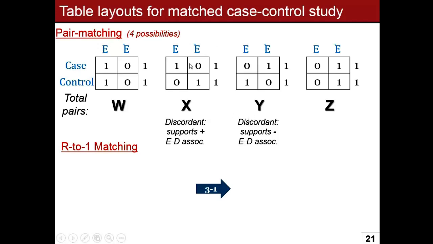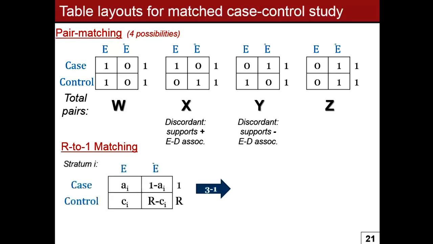If we have more cases that tend to be exposed instead of the controls, relative to the reverse situation, that builds the evidence that the exposure is a risk factor for disease. So it's the balance of these 2 that's interesting, and the other 2 are uninformative. The cases and the controls agree.